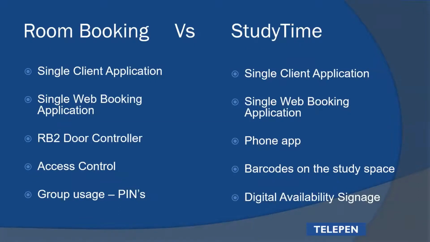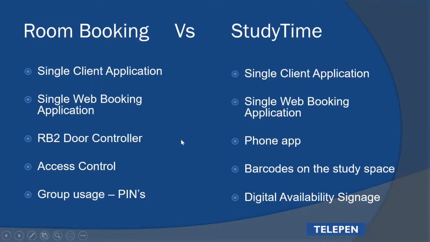Because the number of desks may be far more significant than the number of rooms you might be looking to control, we have an additional means of identifying availability, in addition to the web application and the phone application. We have some digital signage available, so we have some things over on the StudyTime side of the solution as well.